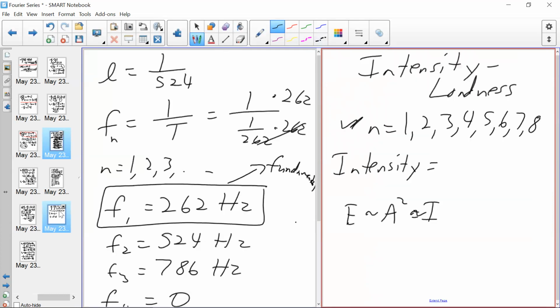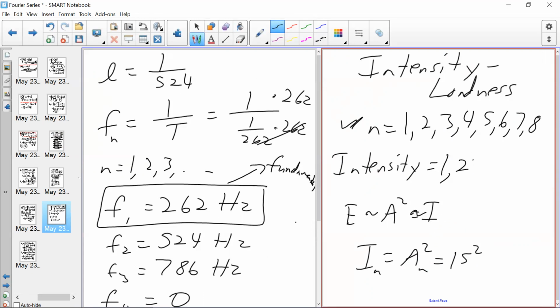So lastly, the intensity will be 1. The second one is 15, but 15 squared. So it's all these different amplitudes. So 15 squared, and that's for the second one, for A2 squared.